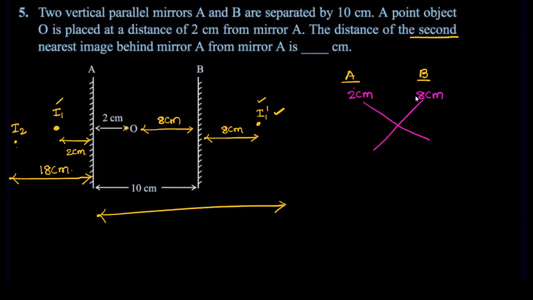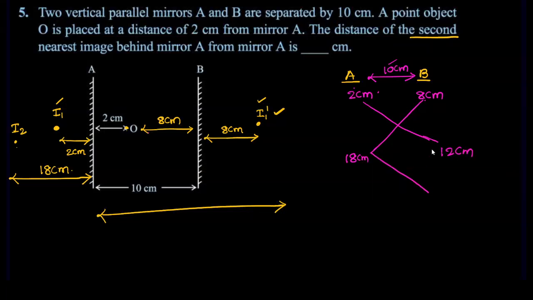And the distance between A and B is 10. Now 8, so we add 8 plus 10, which is equal to 18 centimeters. Next here 10 plus 2, this we need to add to the distance, so that will be 12 centimeters.